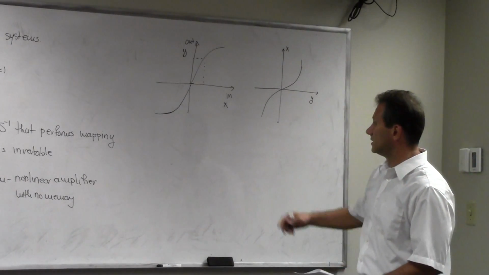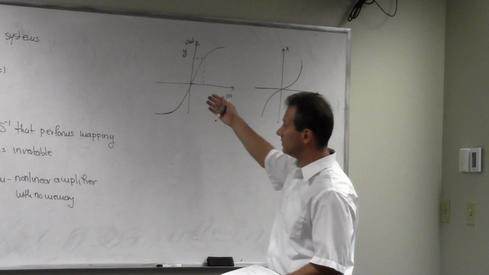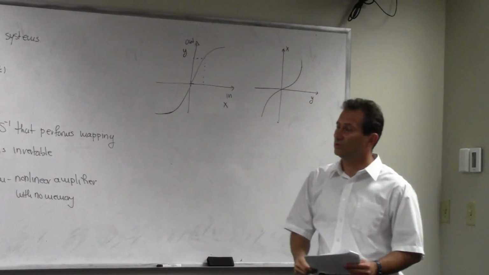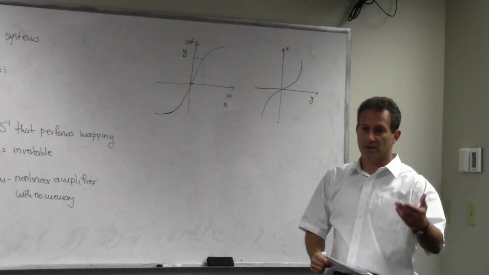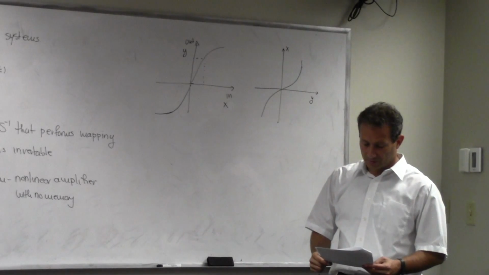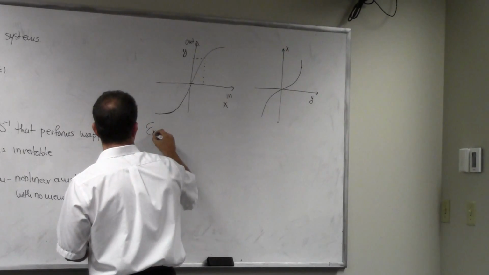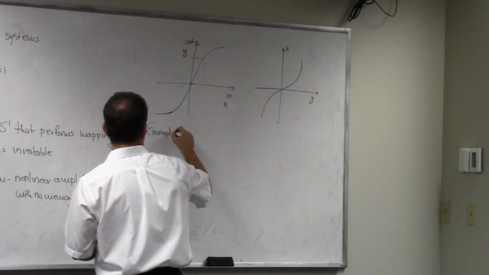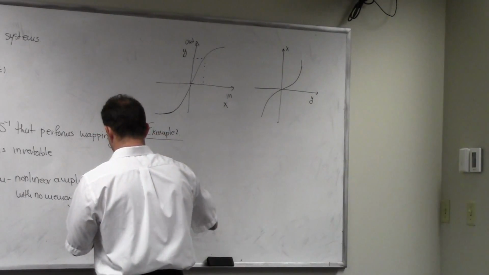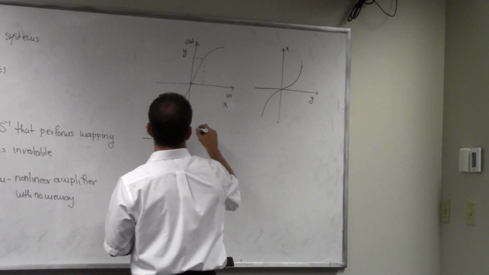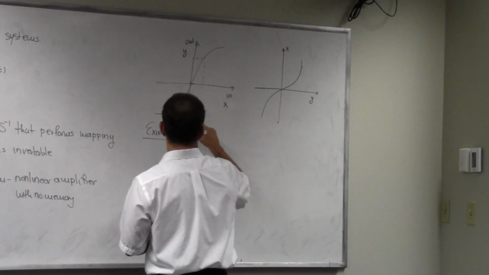And as I said, this is just the general idea. The A-law and mu-law compression that we do in voice processing are two invertible transforms. Now, if I look at example two, this is a non-invertible system.